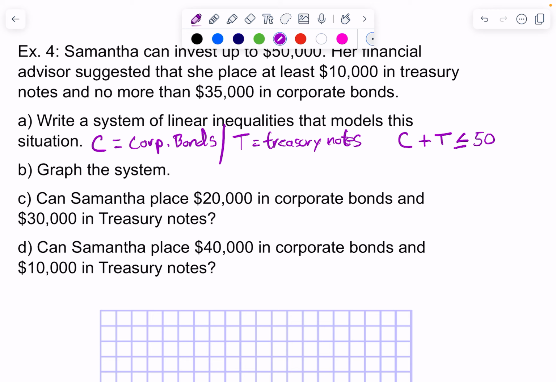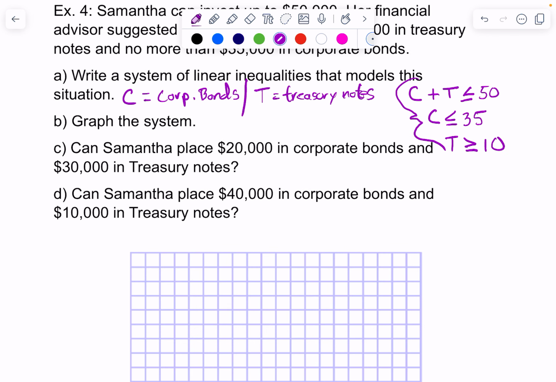We also know that she is to place no more than $35,000 in corporate bonds, so we want the corporate bonds to be less than or equal to 35. And she was recommended that she at least place $10,000 in treasuries. So this right here is the system that we're dealing with. That is A. Now let's look at B.